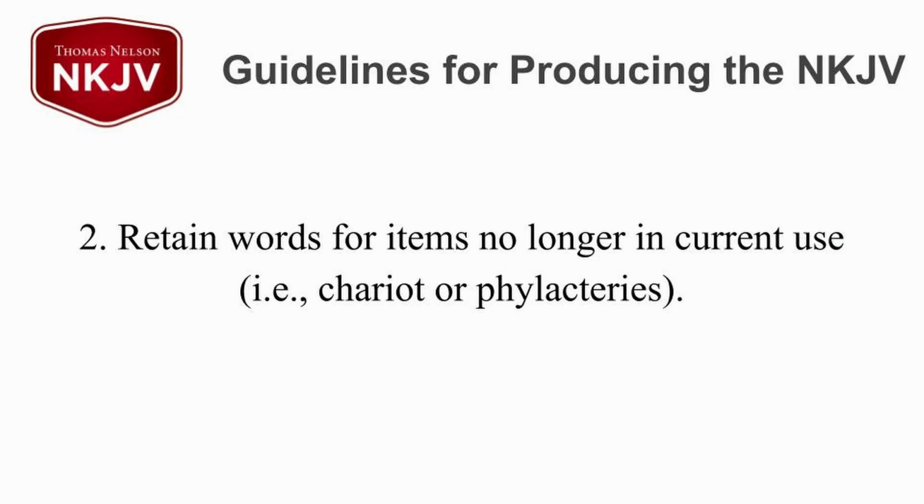Number 2, retain words for items no longer in current use. So if there's a word in the original language that we don't really have a modern equivalent for, the examples they give are chariot. We don't really have chariots in the U.S. today.